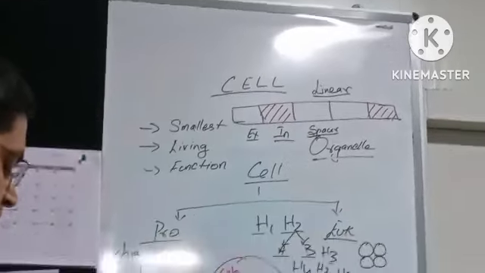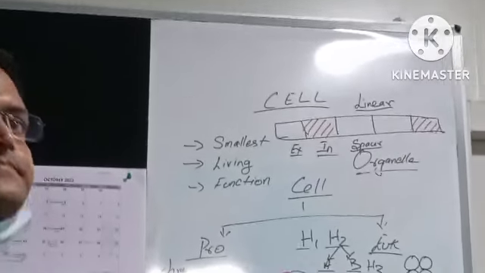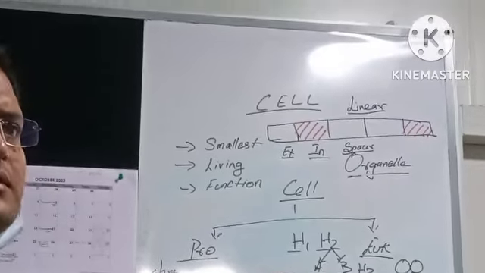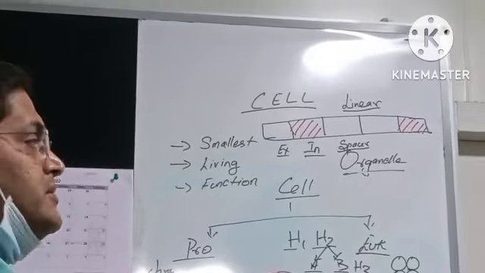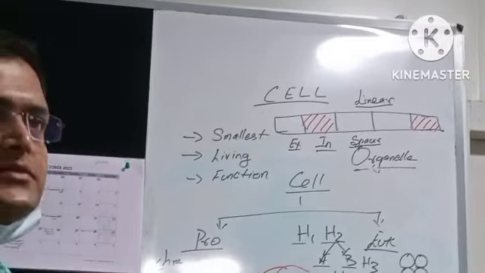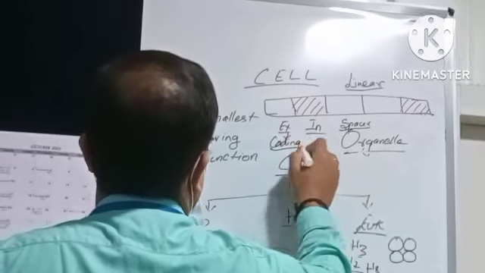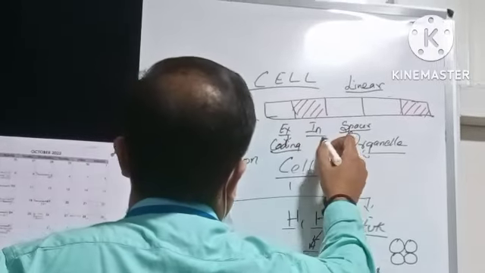So what do you understand by exon? What is the significance of exon? It's a conserved region, or it is the coding region. So exons are nothing but coding areas. Then what are introns? Non-coding. They are non-coding areas.